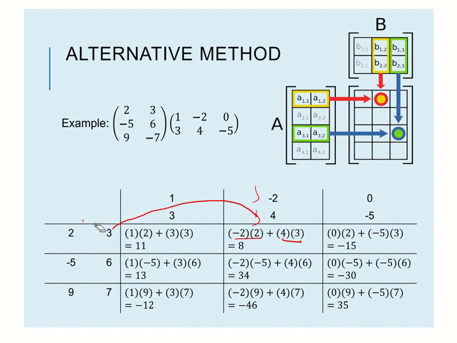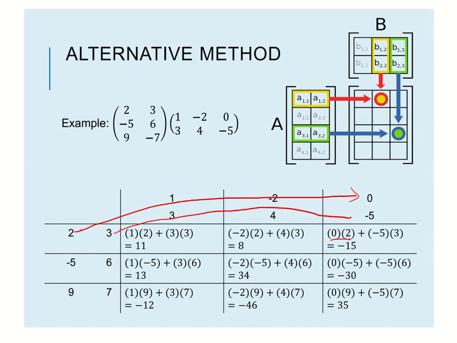And after that, we take 2 multiply 0 here, and 3 multiply -5 here, and we sum.